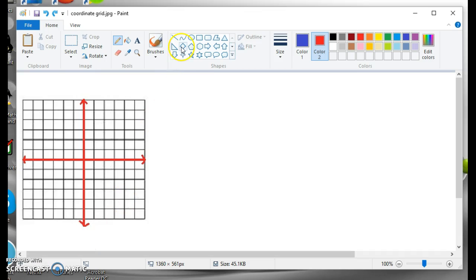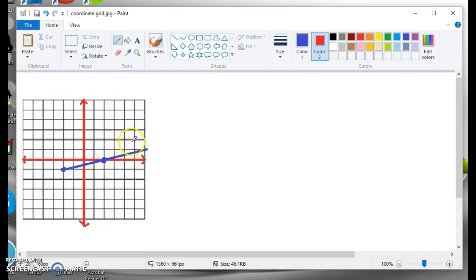Alright, let's look at the second one. And this one is coming through kind of like this. We have a point here and a point here.